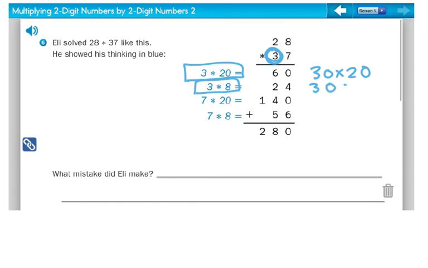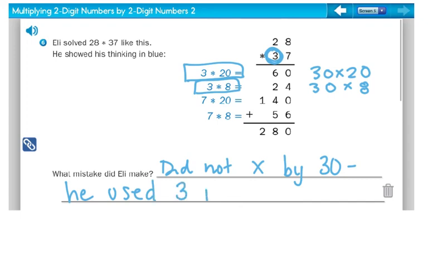This one should be 30 times 8. So he did not multiply by 30. He used 3 instead. So you have to be careful that you're taking the value of it.